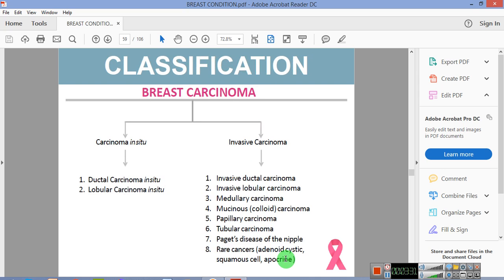Breast carcinoma has two types, carcinoma in situ and invasive carcinoma. Carcinoma in situ includes ductal carcinoma and lobular carcinoma. Invasive carcinomas are invasive ductal carcinoma, invasive lobular carcinoma, medullary carcinoma, mucinous carcinoma meaning colloid carcinoma, papillary carcinoma, tubular carcinoma, Paget's disease of the nipple, and rare cancers: adenoid cystic, squamous cell, apocrine.